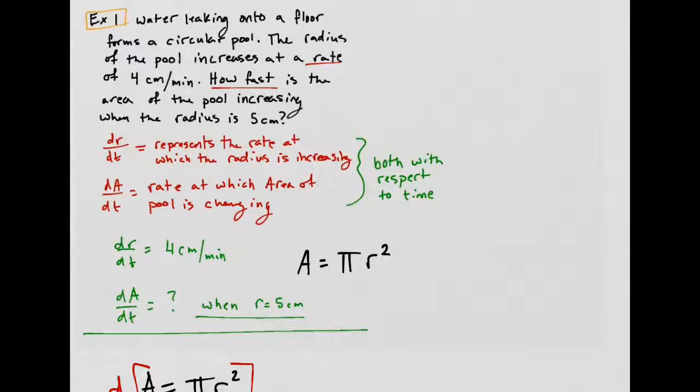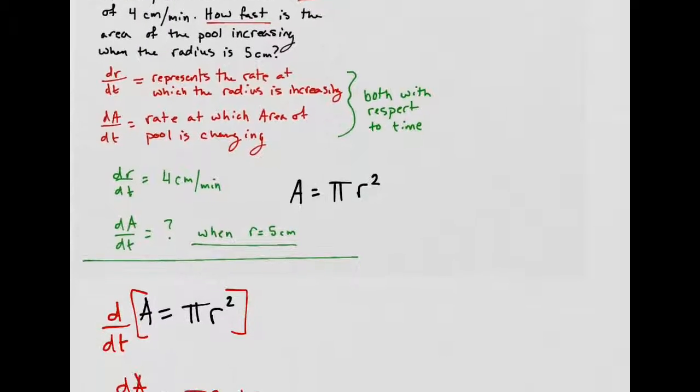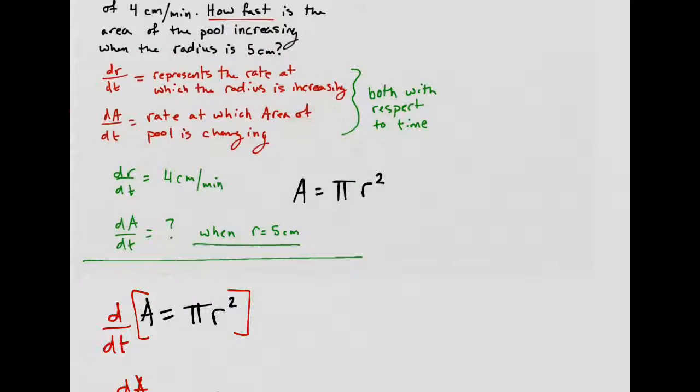In the more difficult problems, we'll have to figure that part out, but we'll get there. So write down the notation for the rates given and desired, the actual value of the rate given, somehow signify the rate you want to know, and write down when you want to know about this rate.